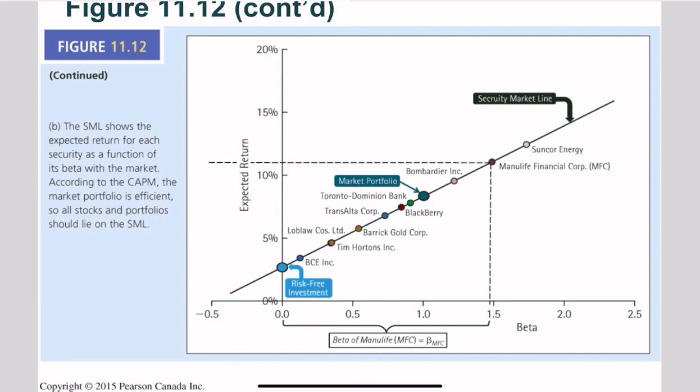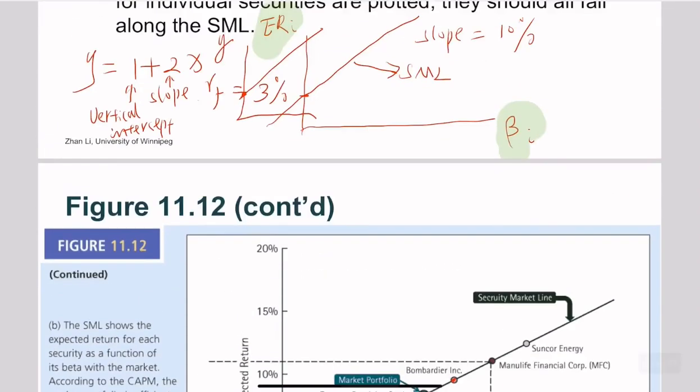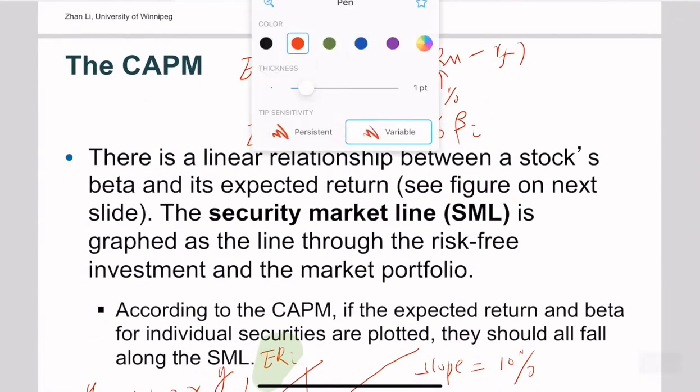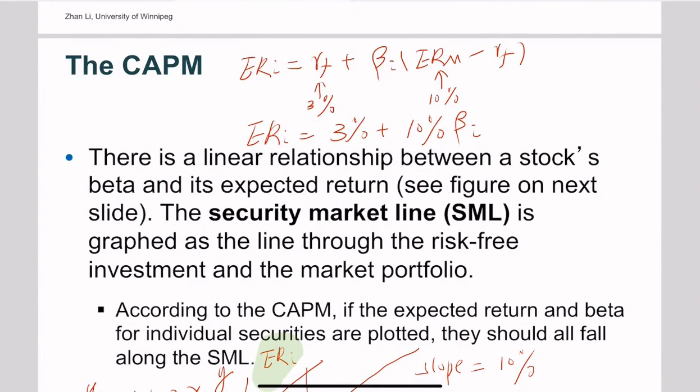You can see that in this picture, every stock lies exactly on this security market line. The reason is that if CAPM holds, this result should hold for any stock I.